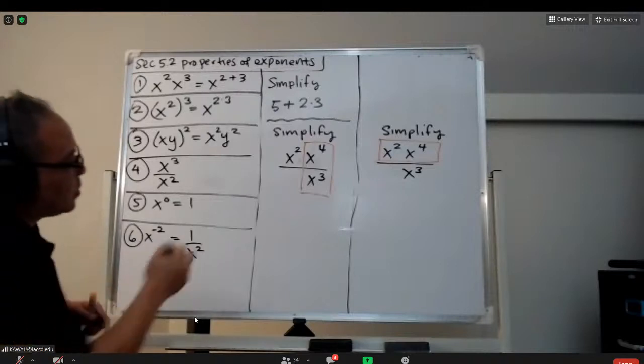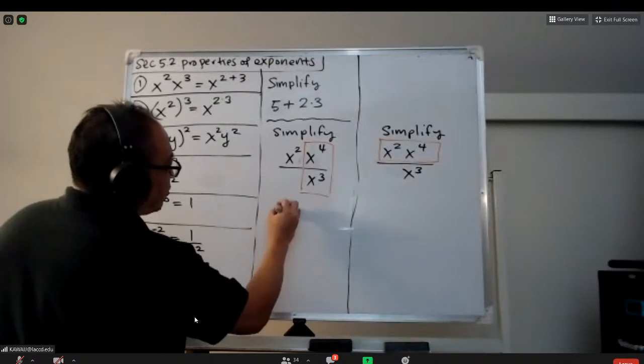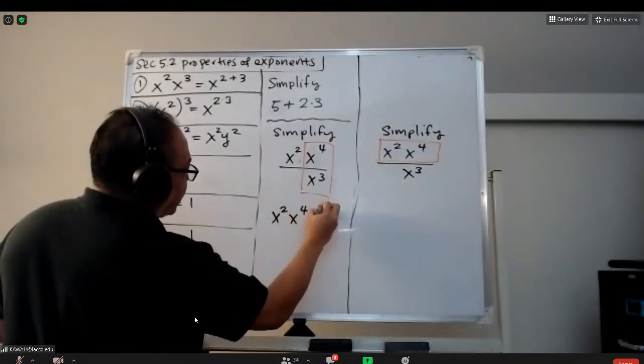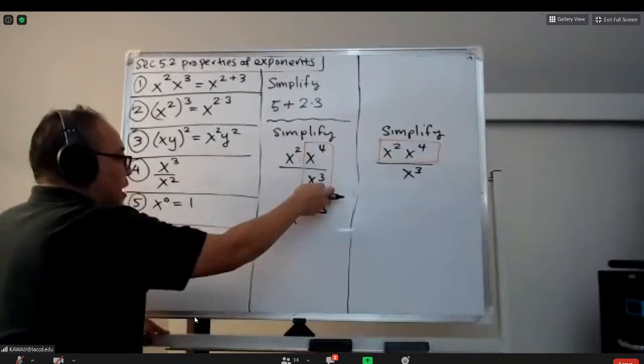So this over here turns into x squared, x to the 4 minus 3, top minus bottom.